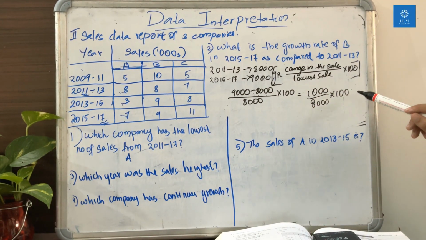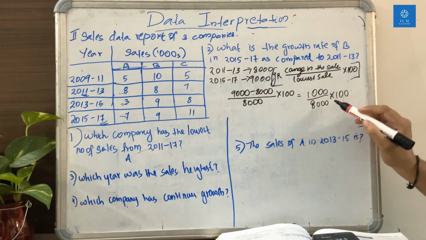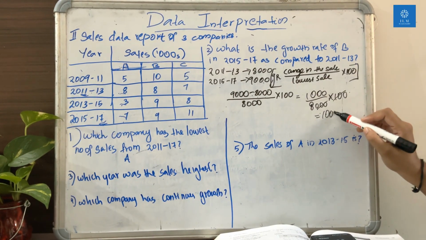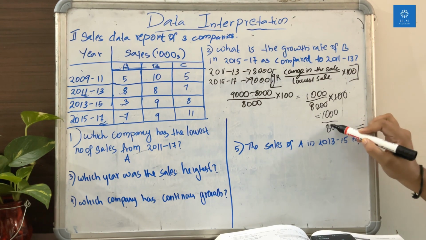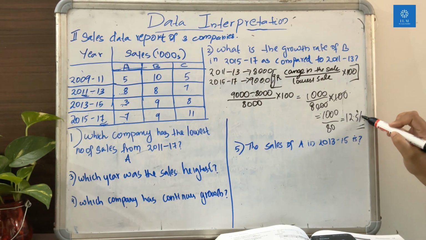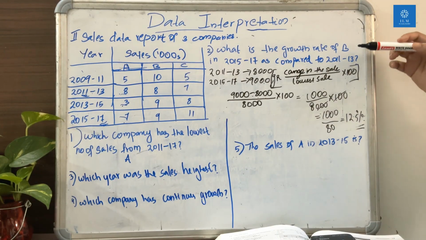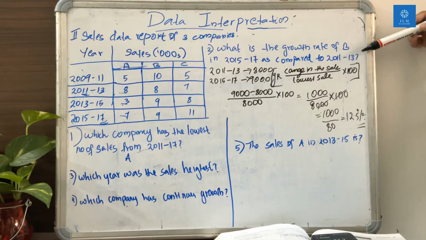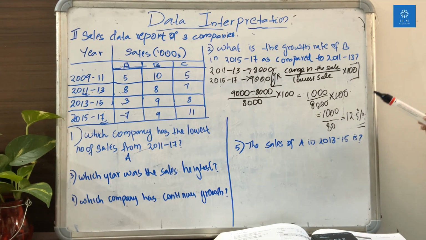So that will be 1,000 by 8,000 into 100, so 1,000 by 80, which is going to be 12.5%. This is the percentage growth rate of company B from 2011 to 13 to 2015 to 17.